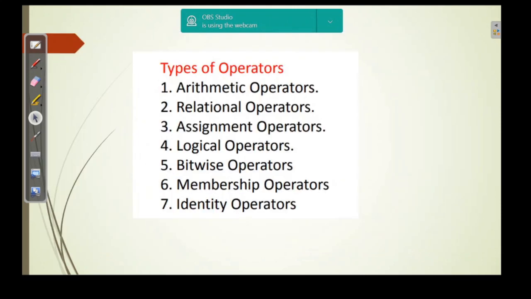That we will understand when we look into more examples. Based on the type of operation being done, 7 categories of operators are there: arithmetic operators, relational operators, assignment operators, logical operators, bitwise operators, membership operators, and identity operators. A wide variety of operators are there. We will just learn whatever is important for us.